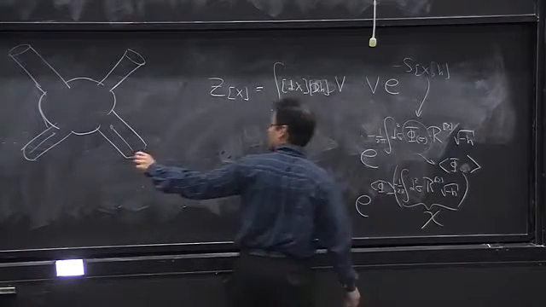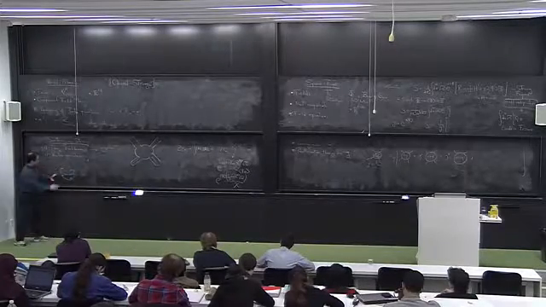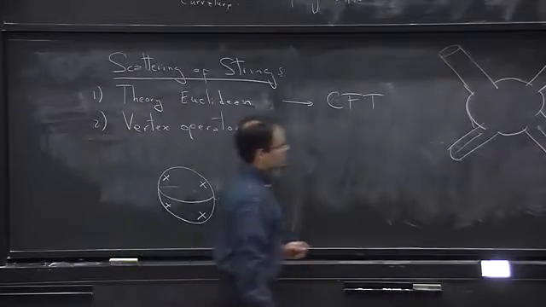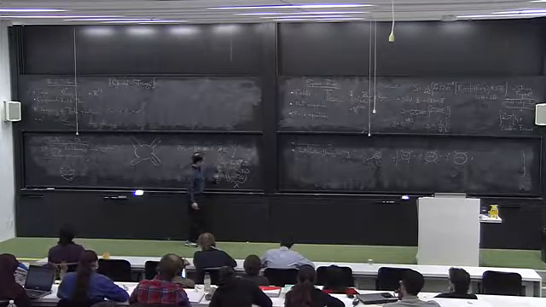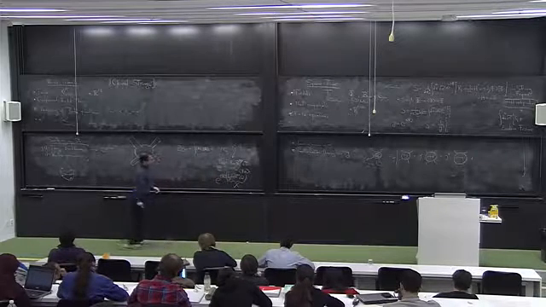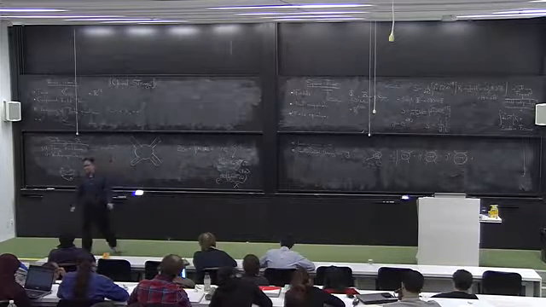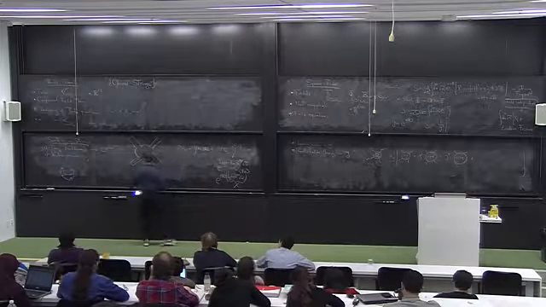So let's not worry about these vertex operators as being punctures. Let's just worry about the topology of the sphere, because these vertex operators are actually here. Okay. So this integration is really over a sphere. So what is the Euler characteristic of the sphere? It is 2.